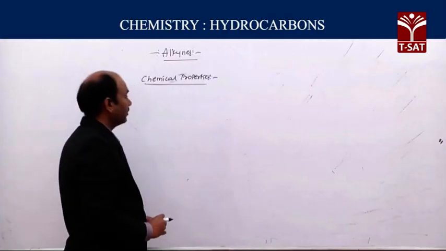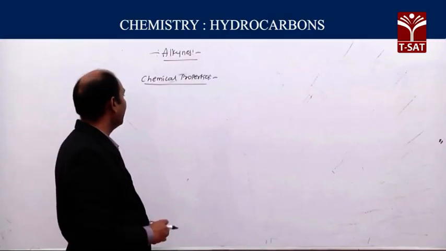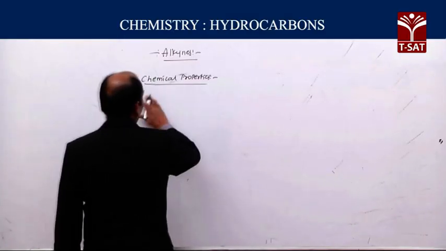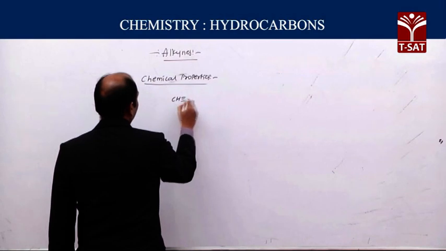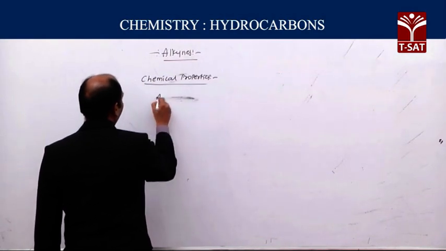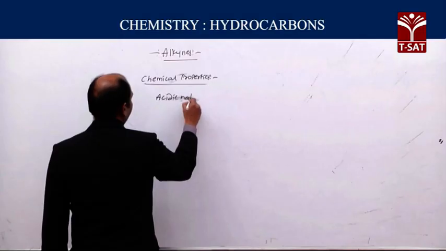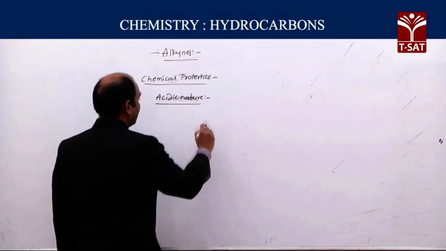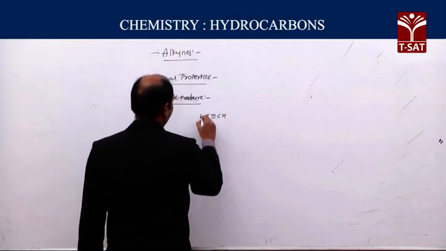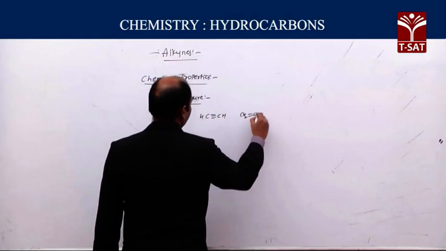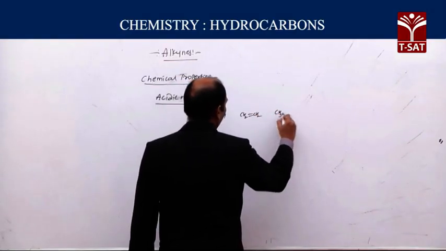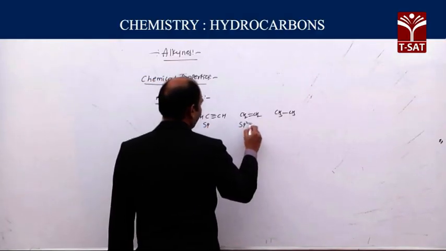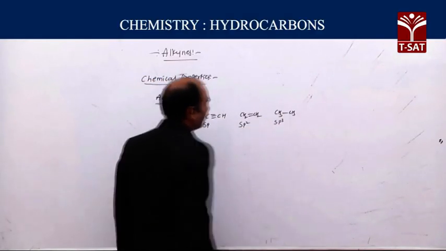We already discussed some chemical properties of alkynes along with alkenes, that is hydration, which we have finished. So for the chemical properties of alkynes, here CH triple bond CH, we are going to discuss the acidic nature of alkynes: CH triple bond CH, CH2 double bond CH2, CH3 single bond CH3. The carbon hybridization is sp, sp2, and sp3 respectively.